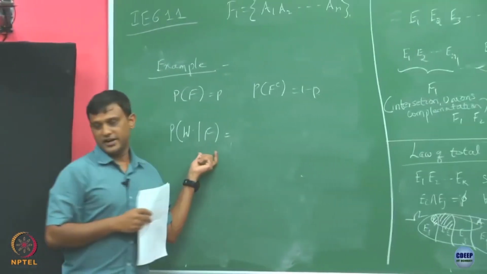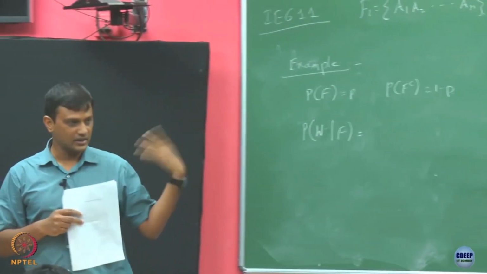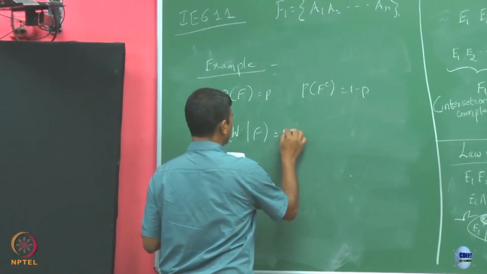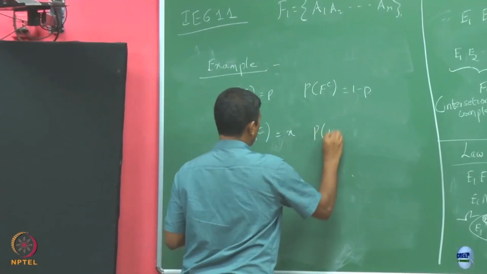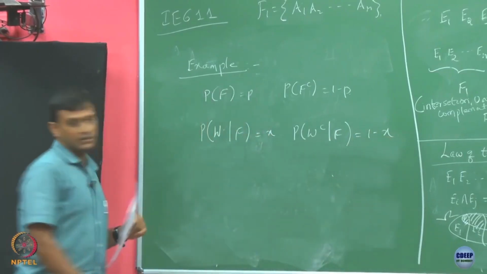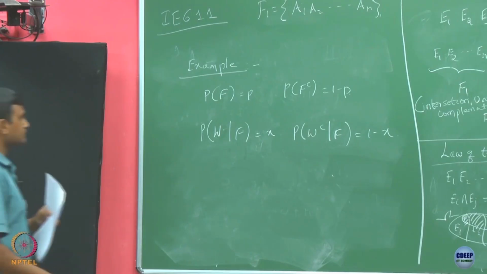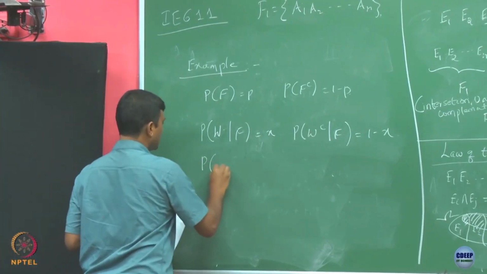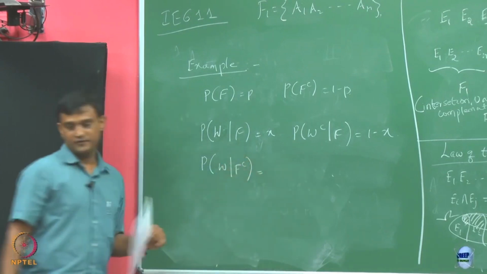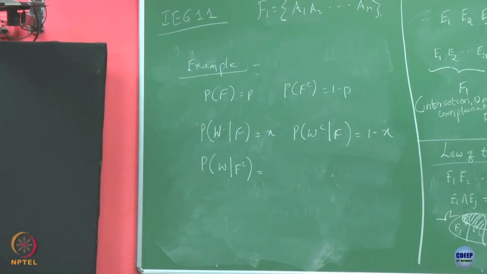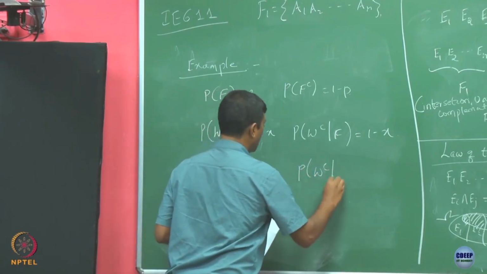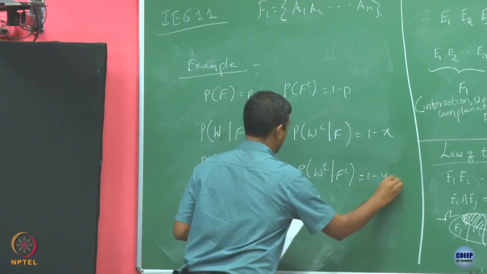You have also computed it based on your prior experiments, and let us call this probability Y, and let us call the complement 1 minus Y, the probability that it does not work.